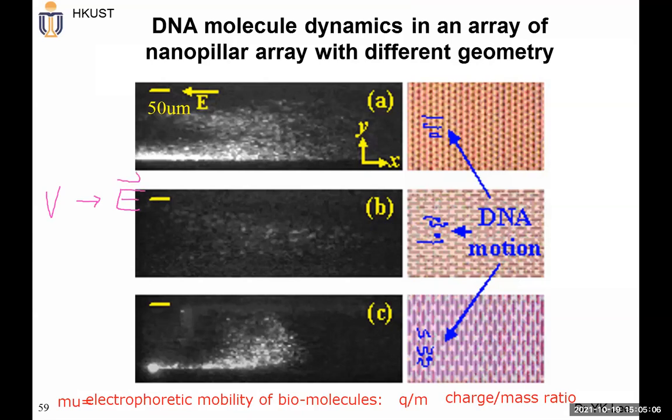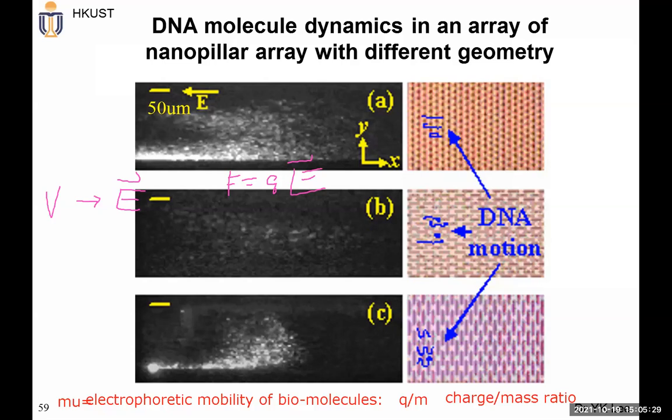Based on F equals QE, F the Lorentz force, Q the charge, and E the electric field, we can calculate the effective charge, so that we are able to study the electrodynamics of DNA in an applied field, right?